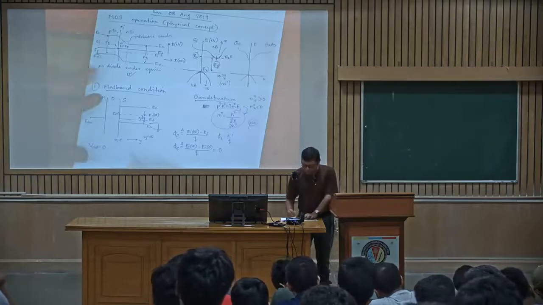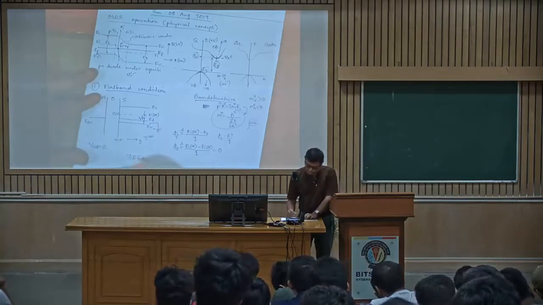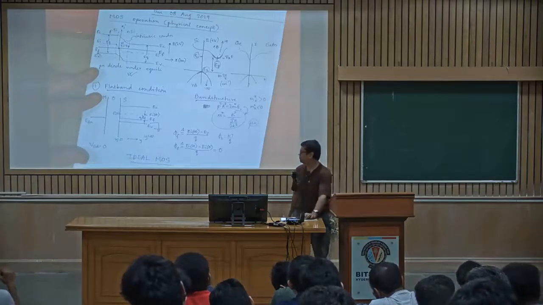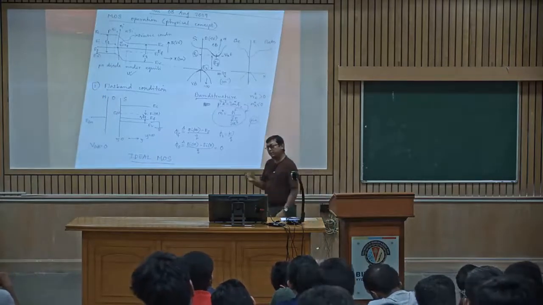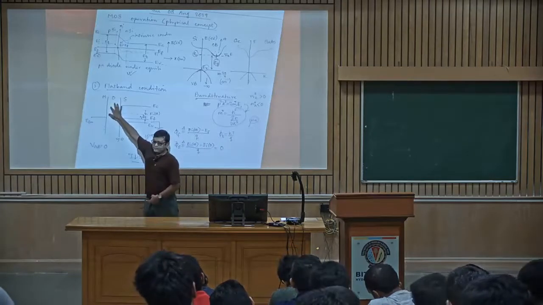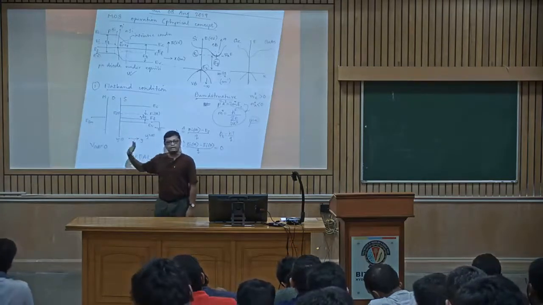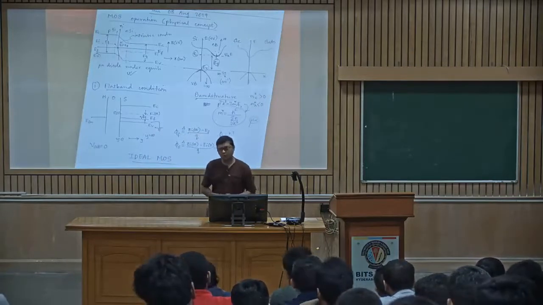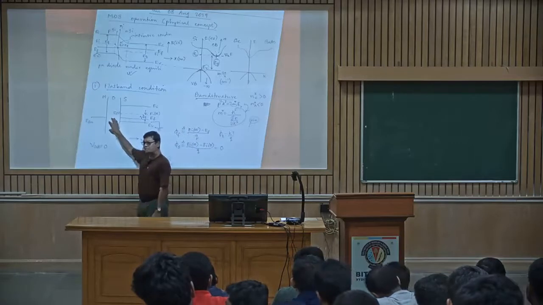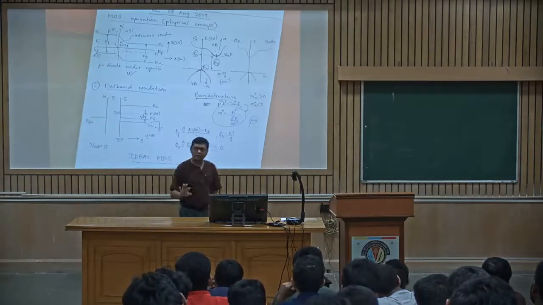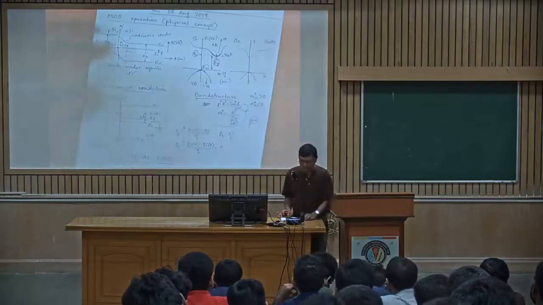But please remember this, because we are not considering any of the charges in the oxide. Remember, in ED, sir must have told you there will be interface charges, oxide charges, traps, we are neglecting all that. We will see the influence of that after a while.